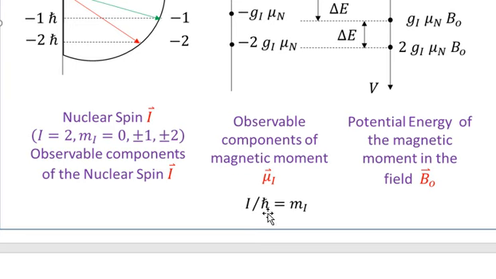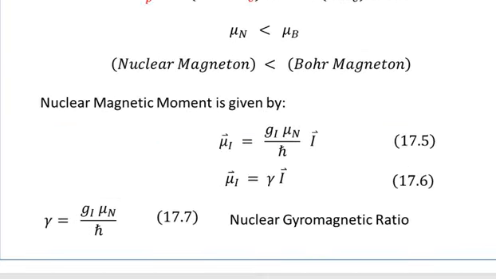So in that equation you can replace I over h bar by mI. Then mI has 5 possible values, which are 0, plus or minus 1, plus or minus 2. And similarly you have mu I with 5 values according to the values of mI, because I over h bar can be written as mI.